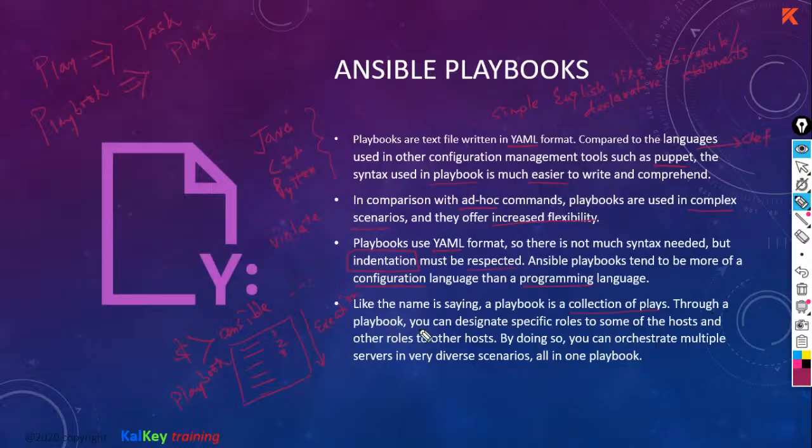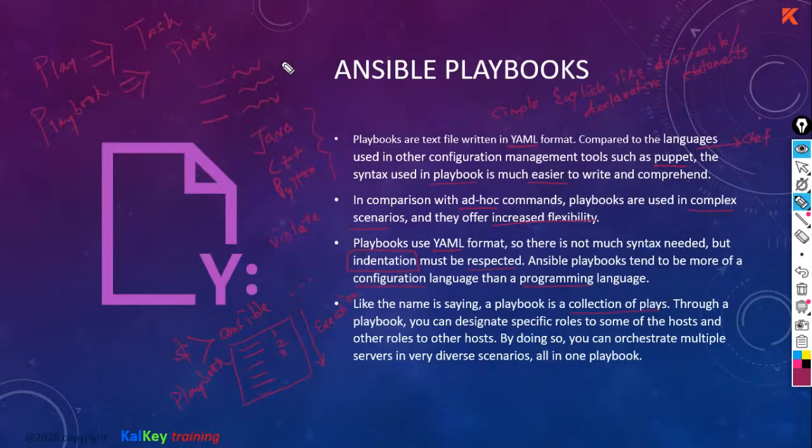Through a playbook, you can designate specific roles to some of the hosts and other roles to the other hosts. So in the same playbook, you can connect to different hosts and have different tasks. All can be combined into one big playbook.